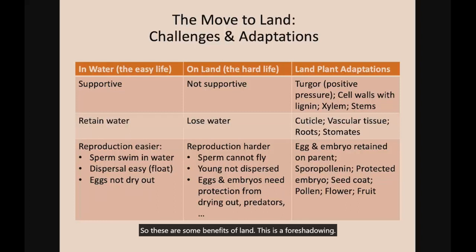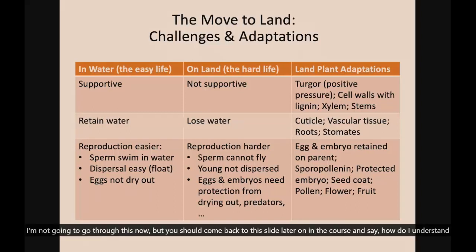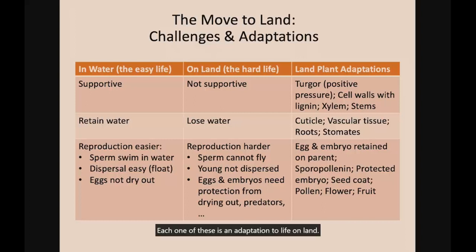This is a foreshadowing. I'm not going to go through this now, but you should come back to this slide later on in the course and say, how do I understand lignin, or how do I understand what a cuticle is, or vascular tissue, and that sort of thing? Each one of these is an adaptation to life on land. An adaptation is a feature that enhances fitness compared to a previous feature.